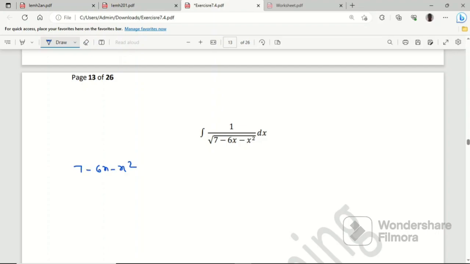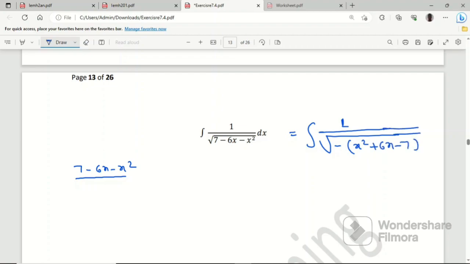The problem is, since minus is there with x square, it is creating one problem. So what we can do here, we can write 1 upon under root. I can take minus as common, so it will give me the quadratic equation x square plus 6x minus 7. Now I will solve for this quadratic equation, and at last I will change minus into the required form.